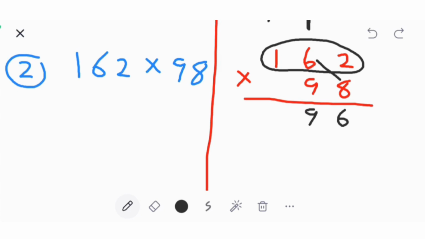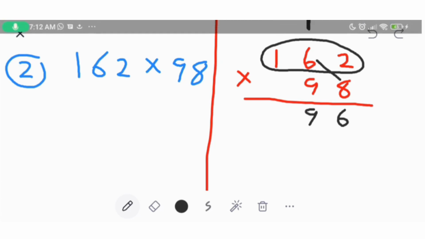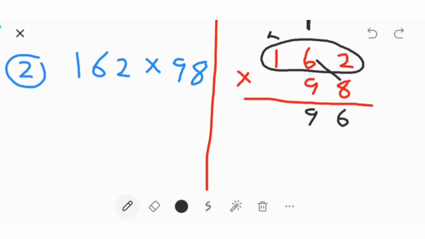Put 4 on top of this 1 at the top. Then finally 8 will visit 1. You do 8 times 1, which is 8, plus the 4 I wrote at the top, you have 12. You write down the full 12 because 8 has visited all its friends at the top.